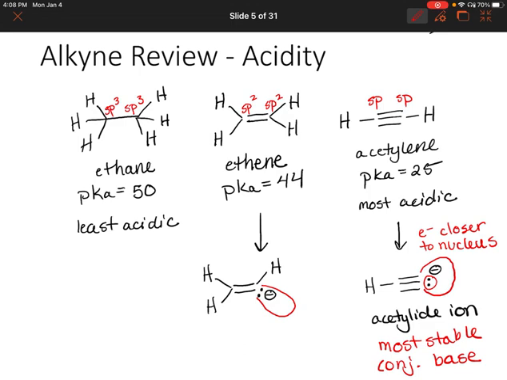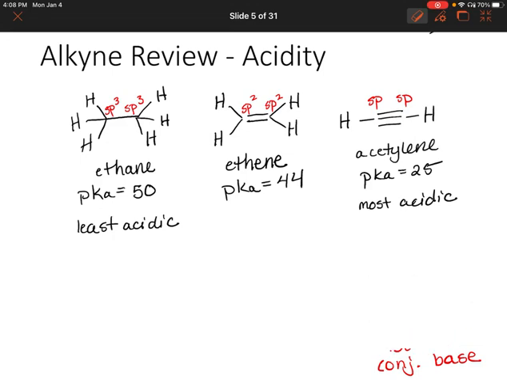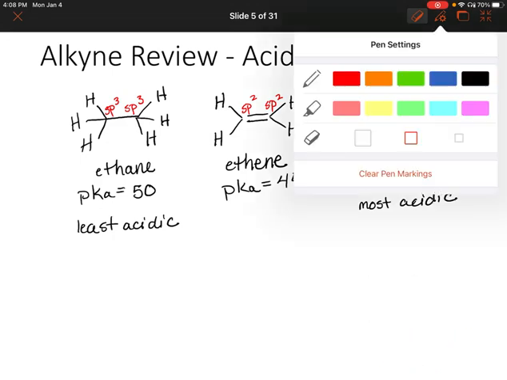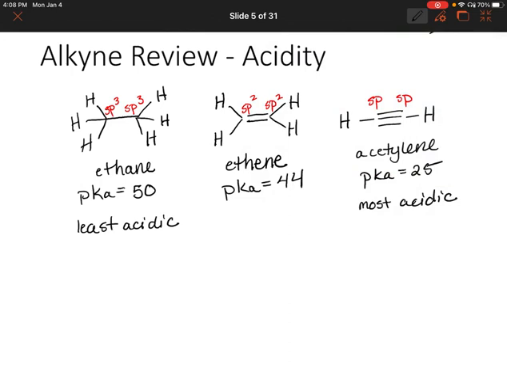Now, that being said, it does take a pretty strong base to remove the hydrogen off of acetylene. So I'm just going to erase some of the information on the bottom and then kind of draw a reaction here. But of course, you can always rewind the video if you want to take notes or review what I said.